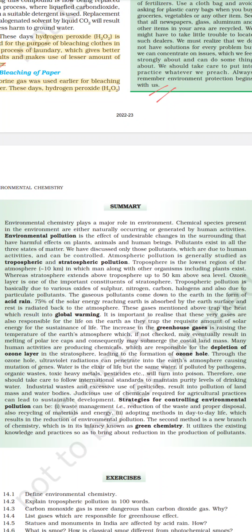The second method is a new branch of chemistry which is in its infancy, known as green chemistry. It utilizes the existing knowledge and practices so as to bring about reduction in the production of pollutants.